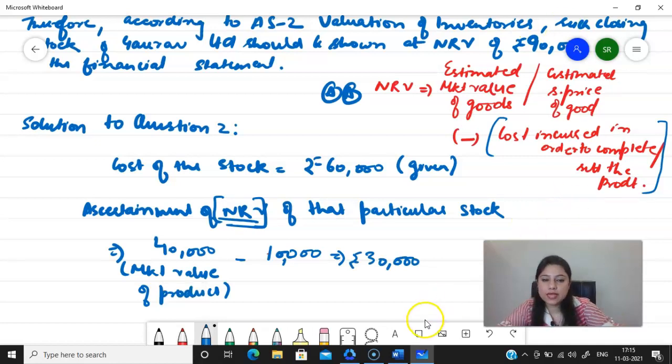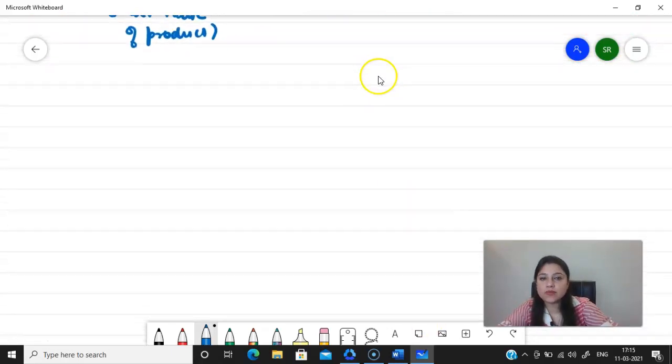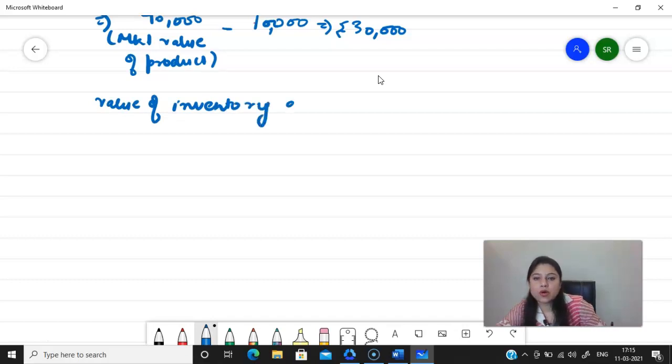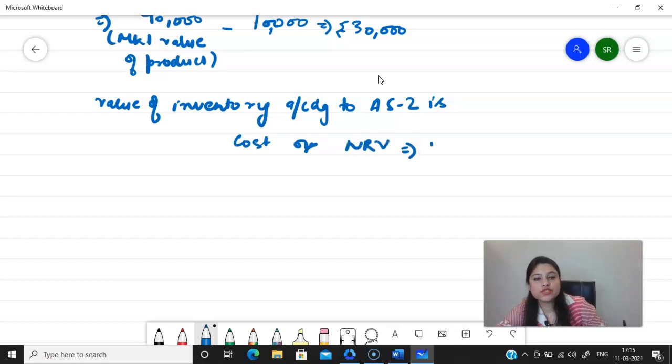And according to AS 2, as we all know, the value of the product, or value of such stock, or value of inventory, according to AS 2, is cost or net realizable value, whichever is lower.